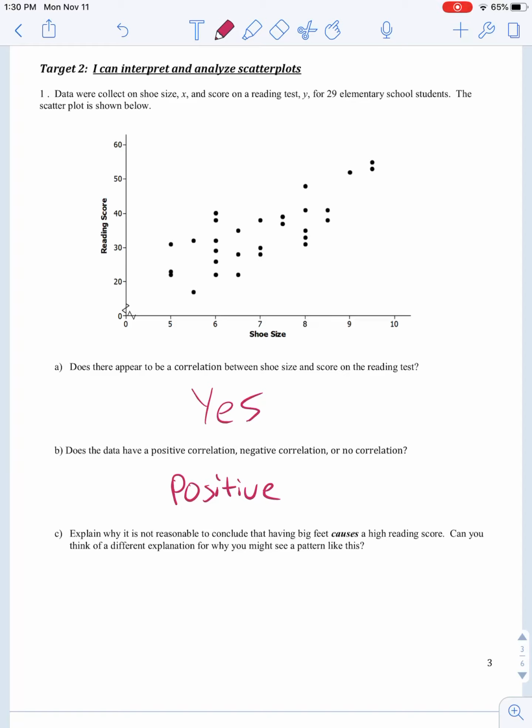So explain why it's not reasonable to conclude that having big feet causes a higher reading score. I would say not necessarily true.